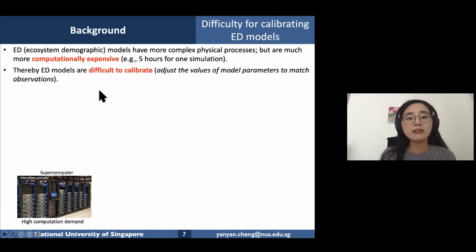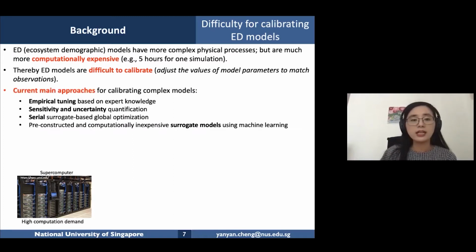This kind of calibration activity requires lots of model simulations and evaluations, which take lots of computational time.